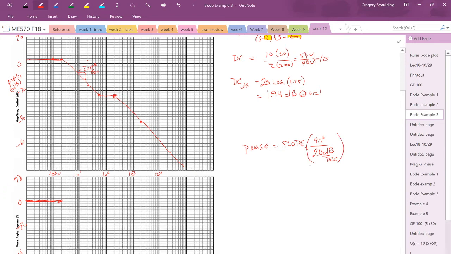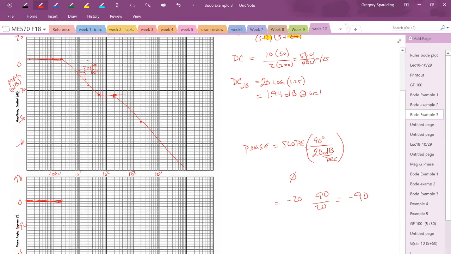Okay, so in this case, our first case was 0, so our slope is going to be 0. Our second case, we've got a minus 20 dB per decade, and so times 90 divided by 20, which is going to result in a slope of minus 90, or I mean a phase of minus 90.